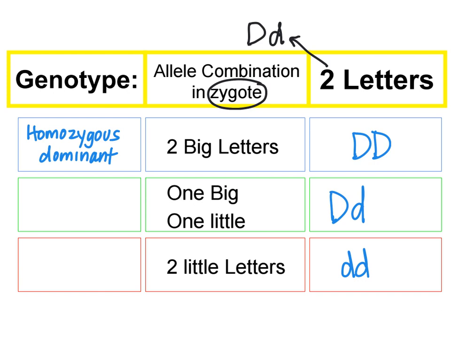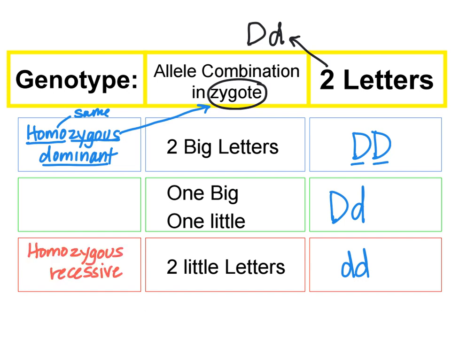Two big letters is referred to as homozygous dominant. Homo means same, and zygous refers to the fact that this is in the zygote. Dominant tells us what kind of allele it is, and since these are both big letters, we call this homozygous dominant.